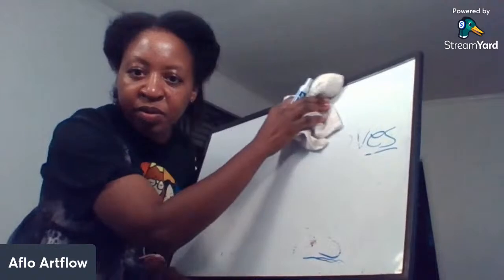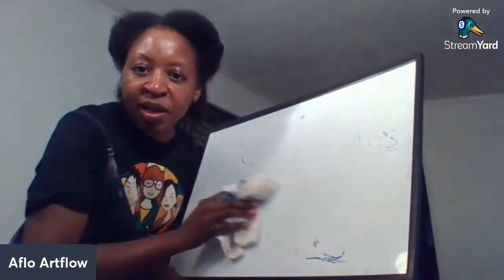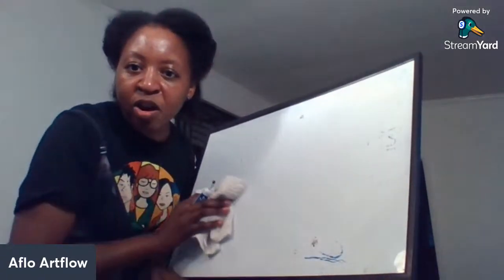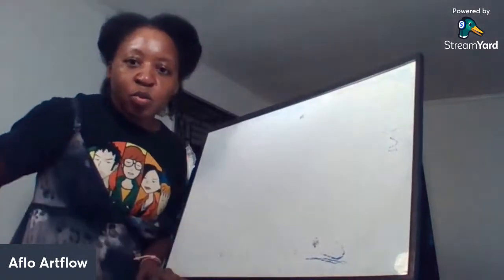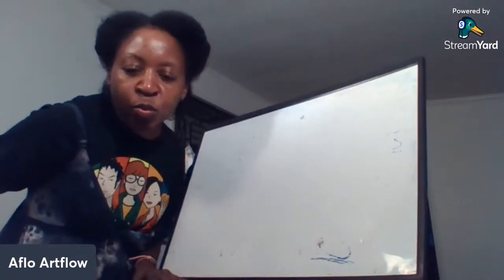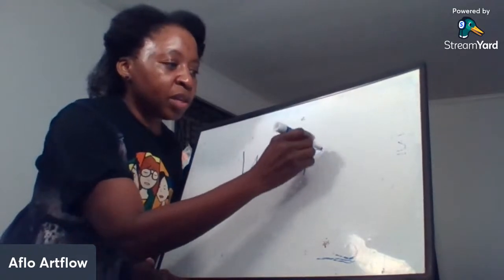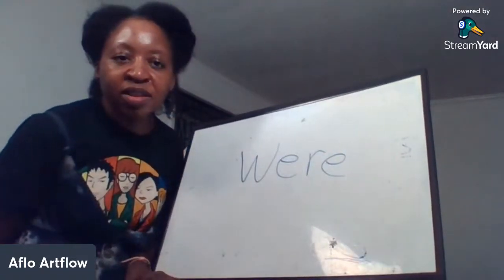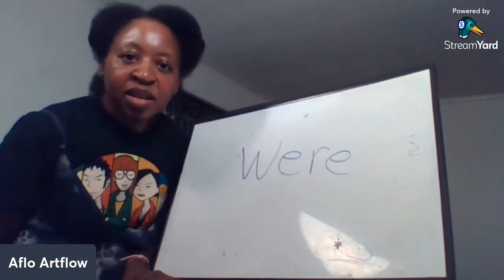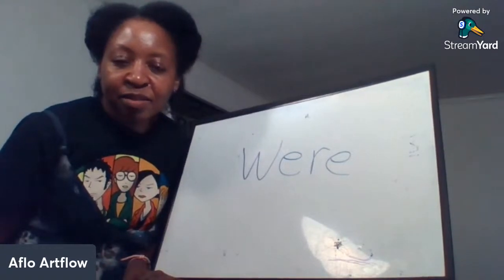Okay, Demi, I guess you were saying, where are those girls going? You spelled were. Were is W-E-R-E. They were standing outside.